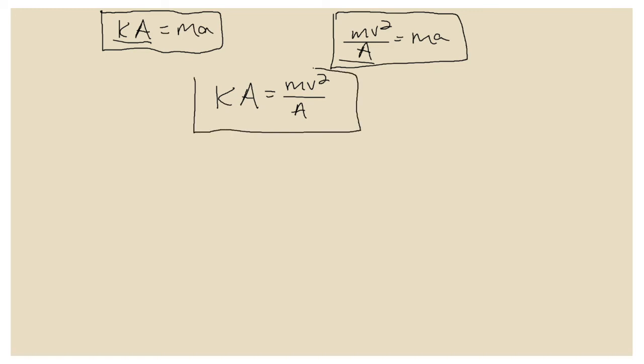Now the big question is, how do we work in period into this equation? And the way we work period into this equation is pretty simple. K is the spring constant, it's just a number. A, the amplitude, is the maximum displacement from the equilibrium position. You determine that when you are doing this kind of experiment with these springs.